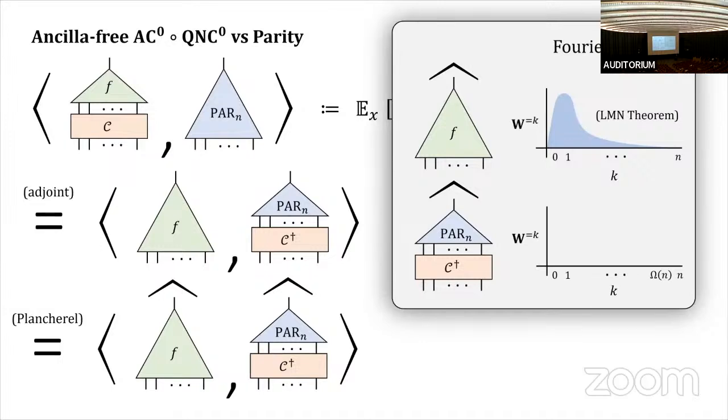Wait, but aren't the Fourier tail results for non-uniform distributions? Yes, I think there are for certain ones, like biased distributions. Yep. But if you take the adjoint of a general channel, the distribution could be so wild as to be outside.